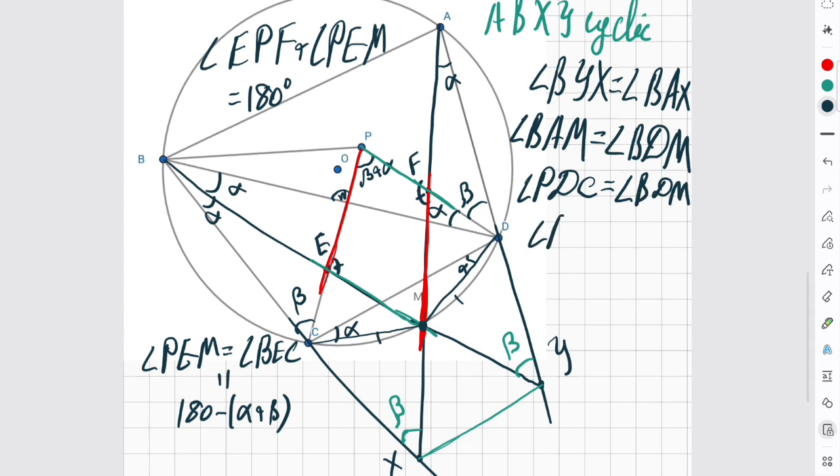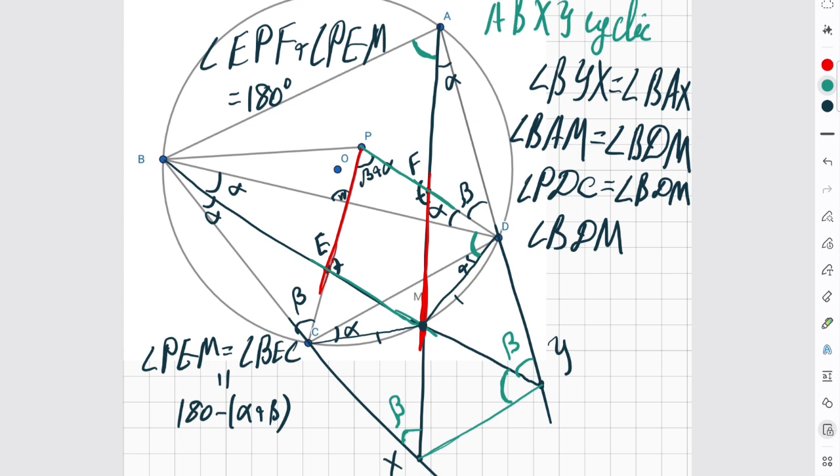We know that angle BDM, which is this angle here, I will show it in green color. This angle here is equal to this angle, and also angle BAX is equal to BYX.